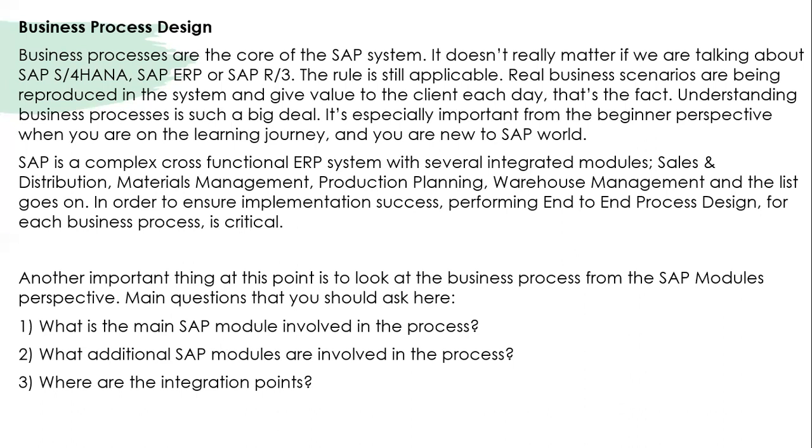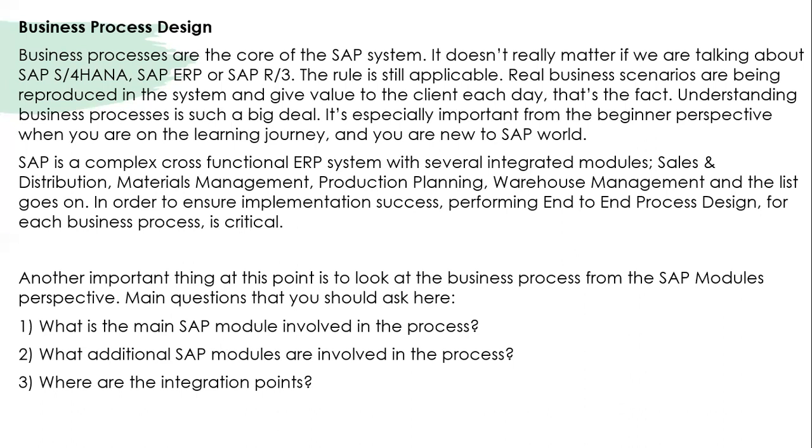It could be BCM, it could be PP, it could be Ariba. So basically, these are very, very important information that the process design document is supposed to have and the functional consultant is supposed to know.